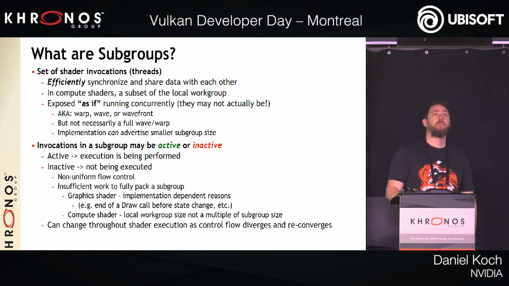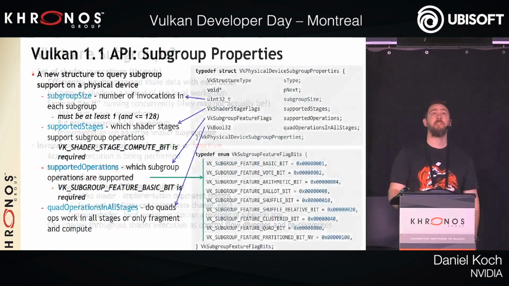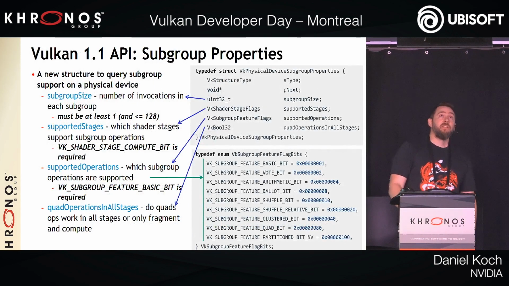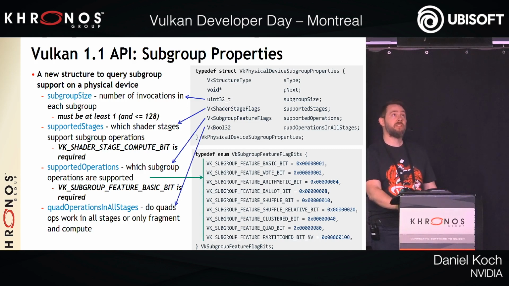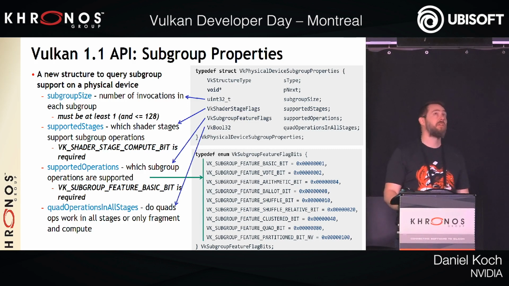In compute shaders, if your local workgroup size isn't a multiple of the subgroup size, there are going to be some inactive invocations there. You need to keep in mind that these can change through the shader as you execute through the code, based on the flow control as it converges or diverges and possibly reconverges. In Vulkan, there are a number of properties that you can query about that. First, there's the subgroup size.